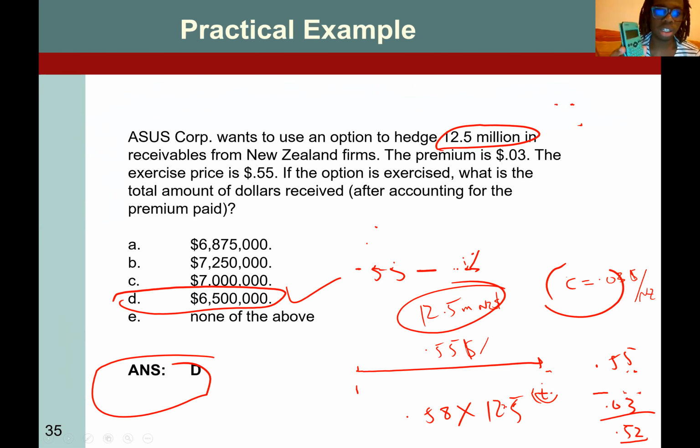Yes. So answer would be 0.52. Now I multiply 0.52 with 12.5 million, answer would be 650,000.